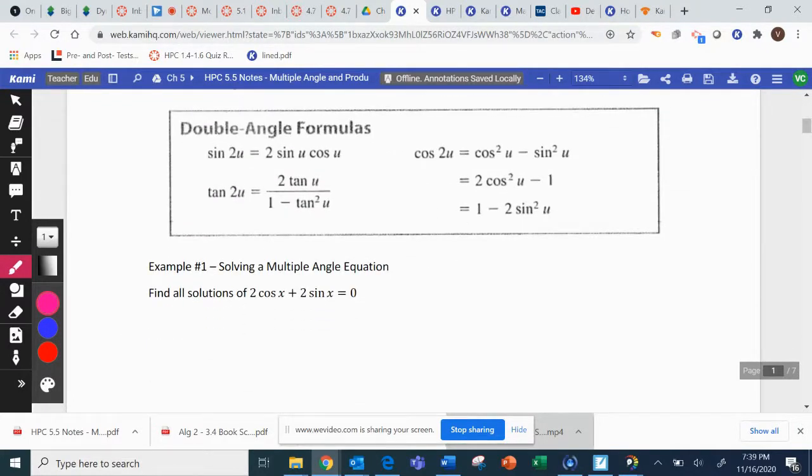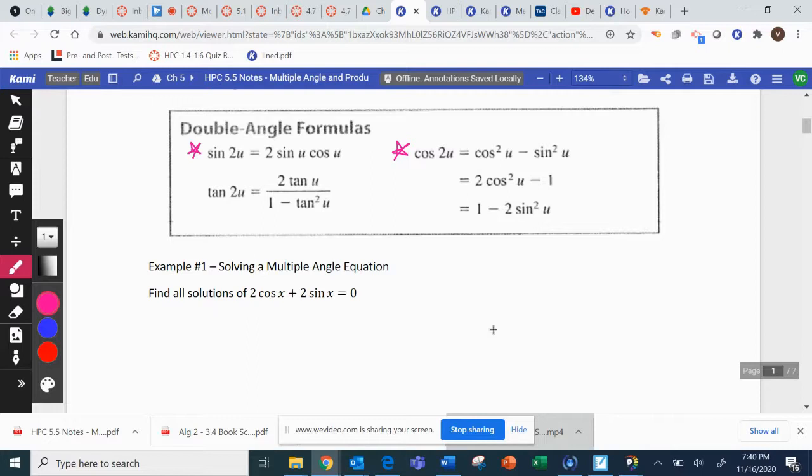So here's the first example. Double angle formulas. We derived these two formulas in our Desmos activity when we did section 5.4, and they came from the sum and difference formulas.